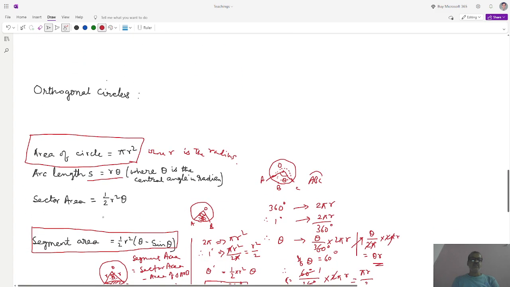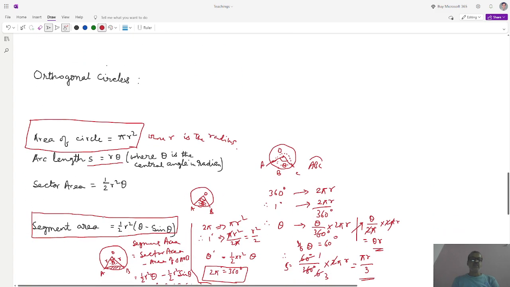Then we have seen the area of circle, already covered, and the arc length equals r theta.